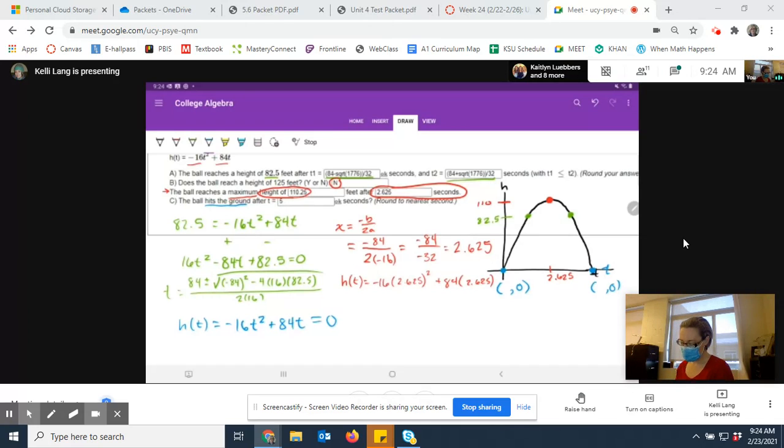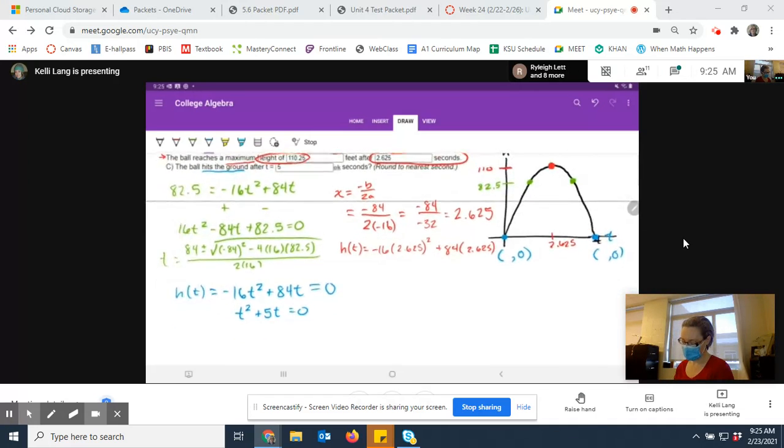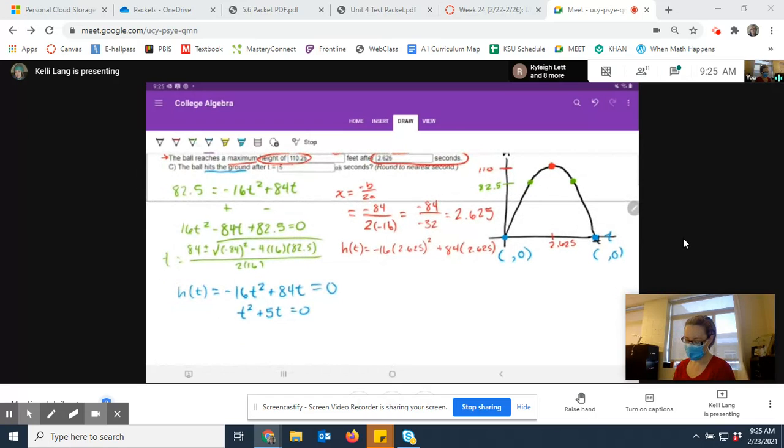So if we set this equal to 0 to figure out what t is, then the easiest way to solve this one is by factoring. So we are going to divide both sides by negative 16. 84 divided by 16 is 5. There we go. And now to factor this, I don't even have to use the AC method.